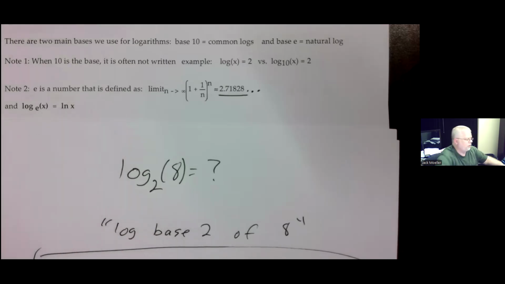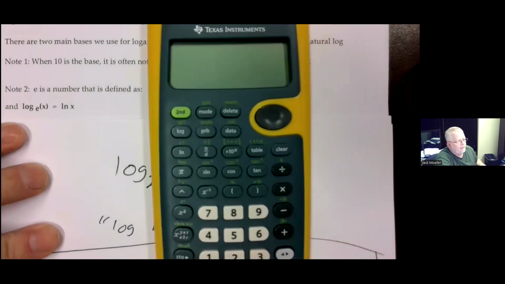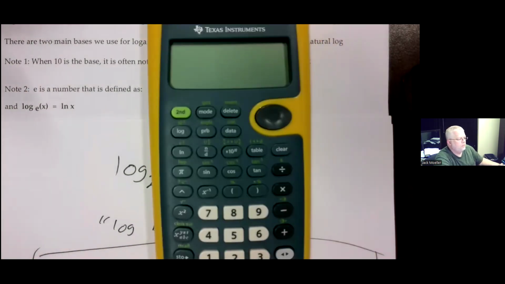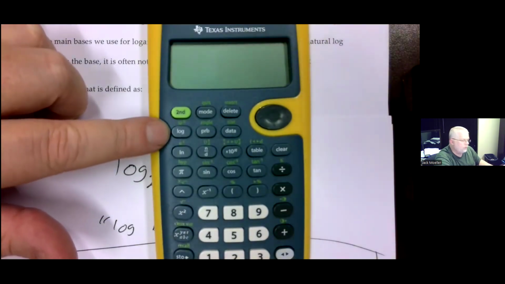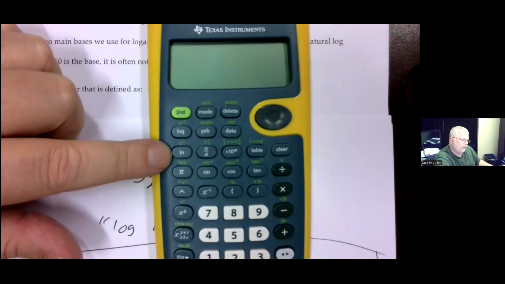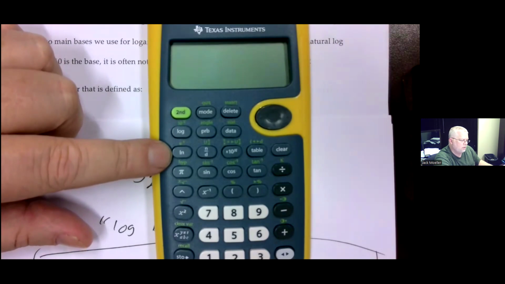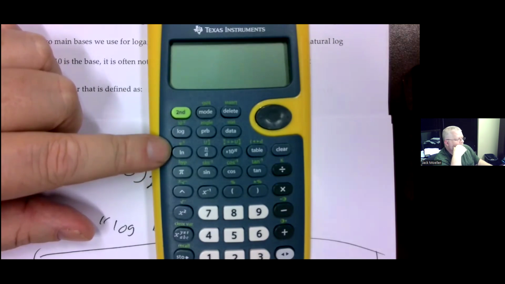The reason these are important is that your calculator has these two bases in it. When you see the log button without a base, that is log base 10. The ln button is log base e, our natural log. Some of your fancier calculators will probably let you put in different bases, but we're not going to deal with that.